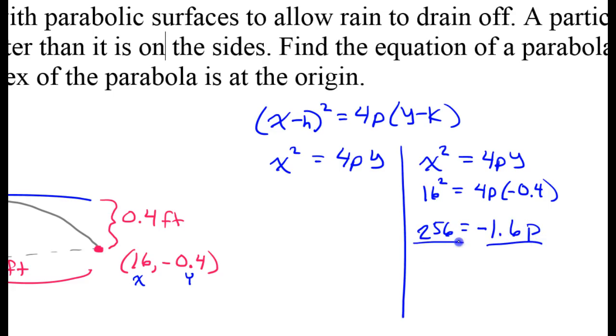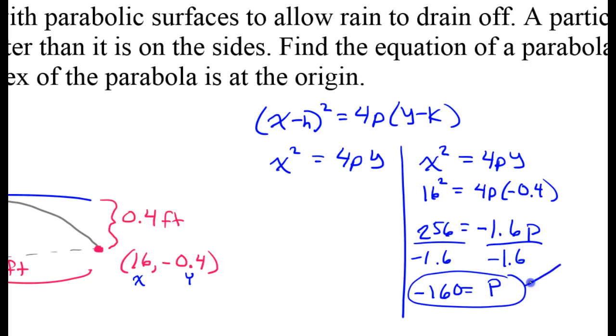Now I need to divide both sides by negative 1.6. So let's see, 256 divided by negative 1.6. That is negative 160. Okay, so p is equal to negative 160. Okay, so great.